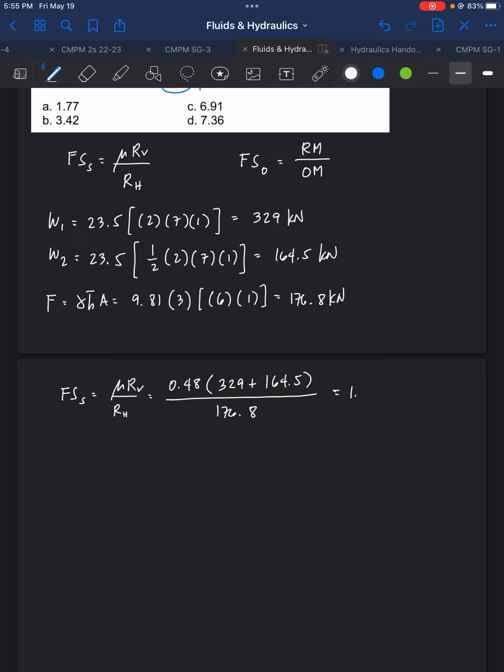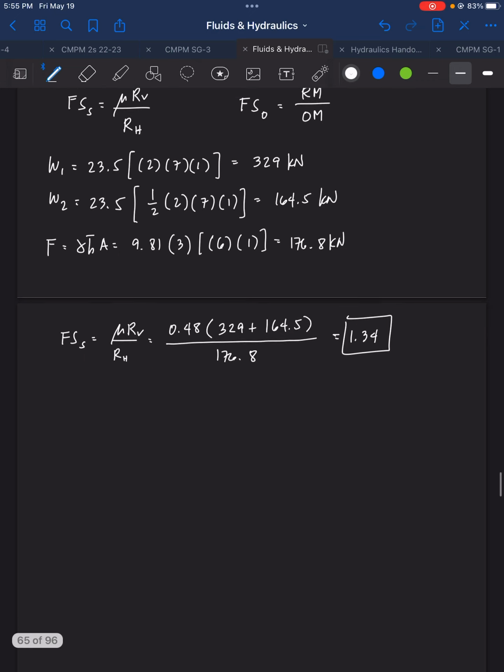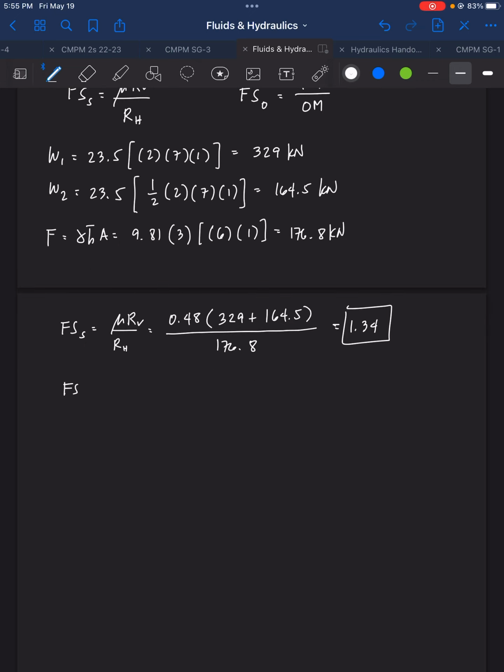So factor of safety against sliding is 1.34. Next, factor of safety against overturning, that is righting moment over overturning moment.